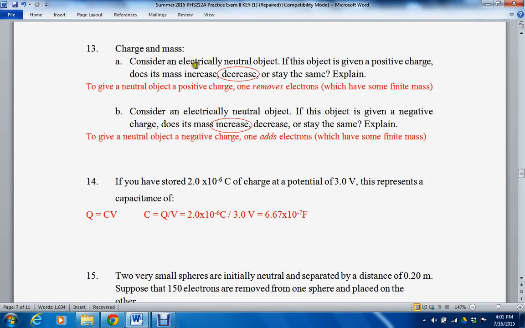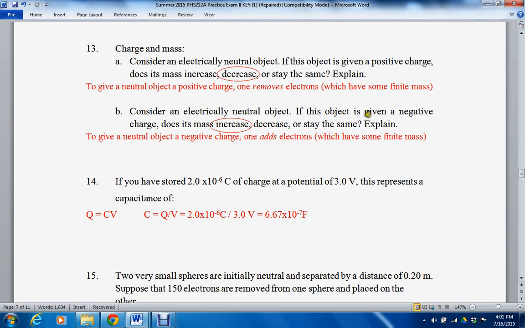So, if you have an electrically neutral object and you give it a positive charge, what we've done is removed electrons, and electrons do have some finite mass, so the mass of this object decreases. To give it a positive charge, we didn't add protons and have the mass increase. That's not right. We removed electrons and the mass decreased.